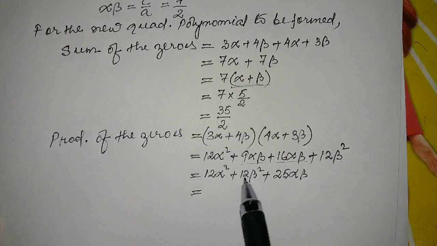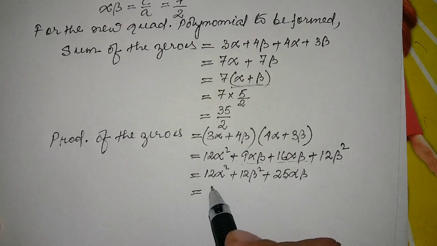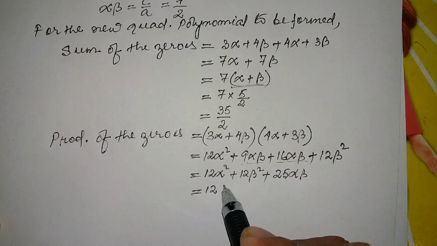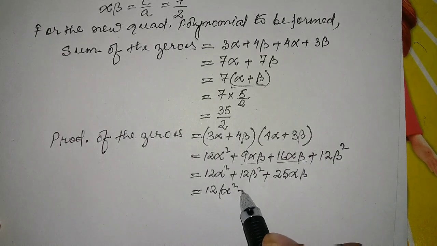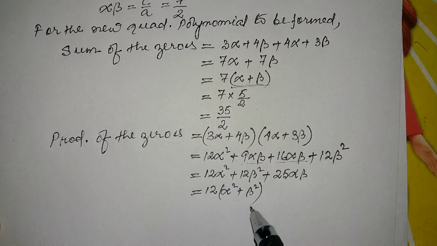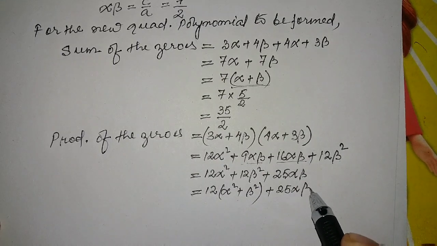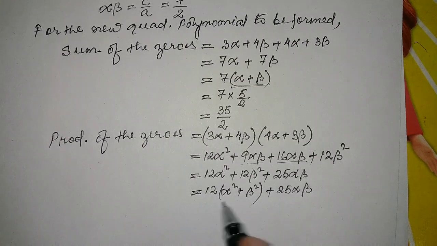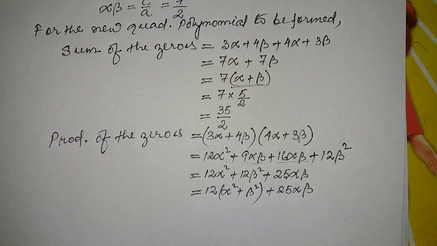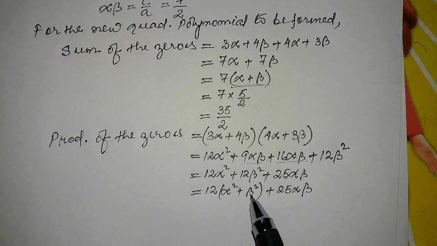Now again from these two we can take 12 common: 12 times alpha square plus beta square, plus 25 alpha beta. Now we have alpha plus beta, but we don't have alpha square plus beta square.